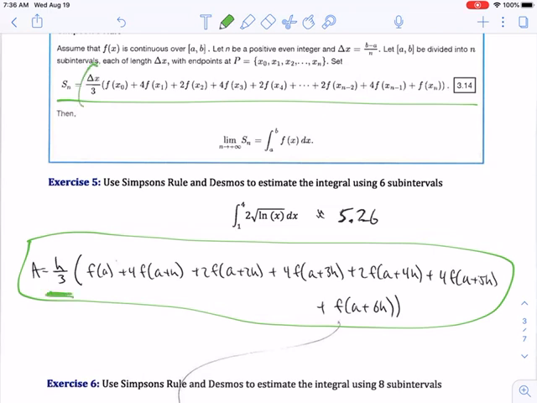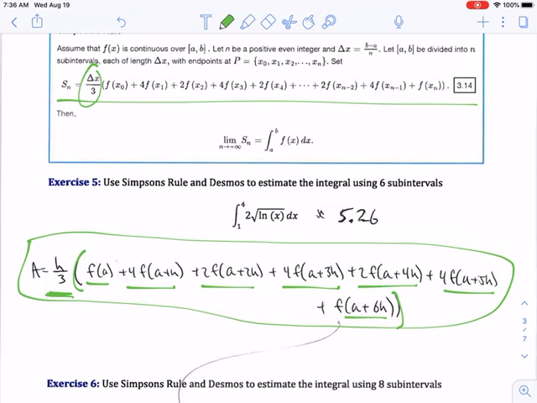They're using delta x divided by 3. Delta x, remember, is the same as h. I just used h in Desmos. Then in parentheses, you've got f of a, plus 4 f of a plus h, plus 2 f of a plus 2h, 4 f of a plus 3h, 2 f of a plus 4h, and so on up to 6h.